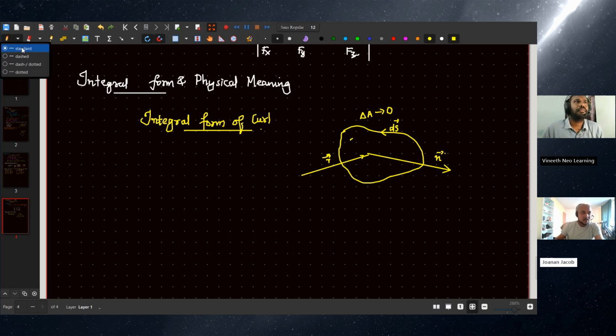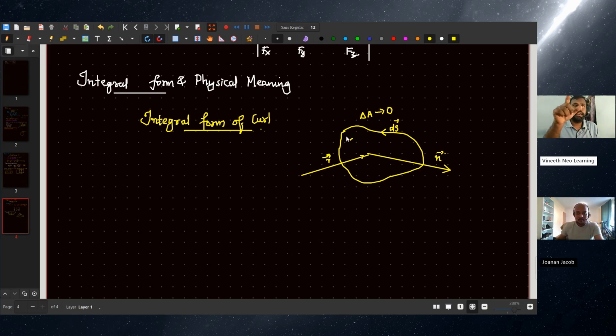That area is in the direction of that normal. The normal is perpendicular to that area.